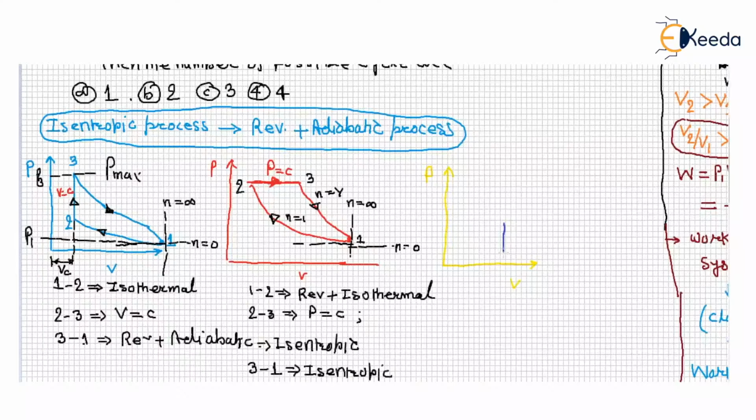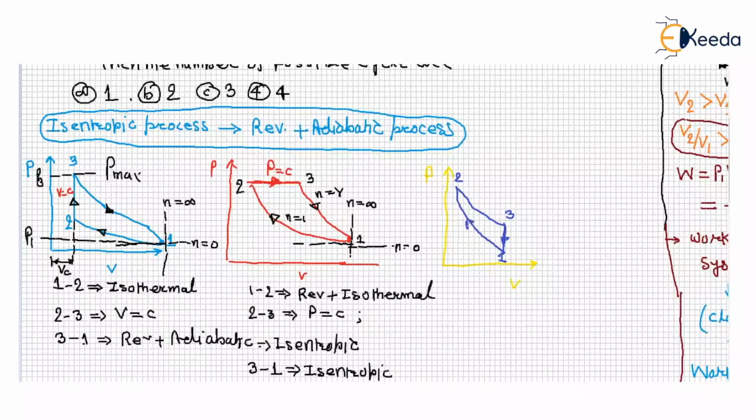If this is your constant volume, and you draw like that, right? 1, 2, 3.